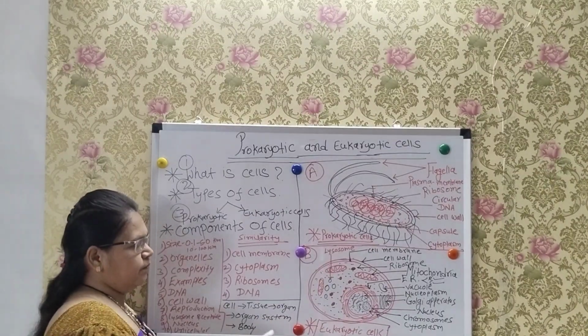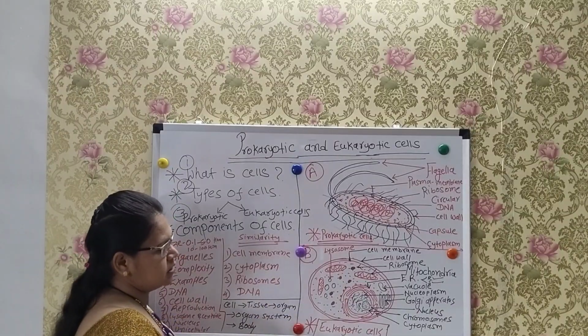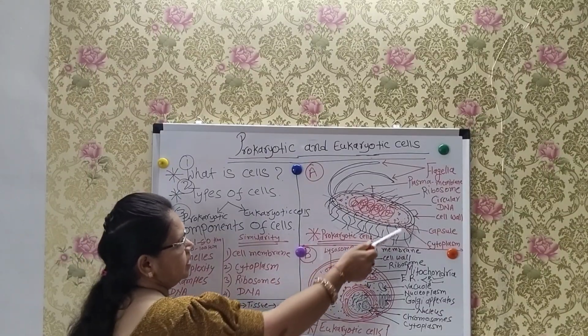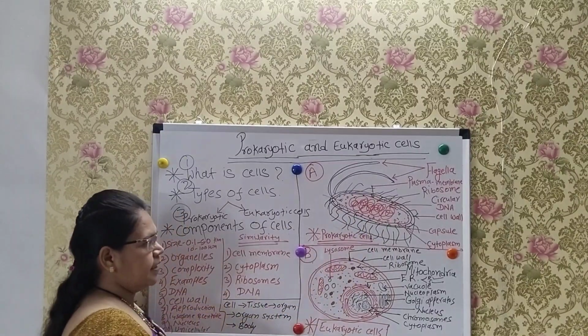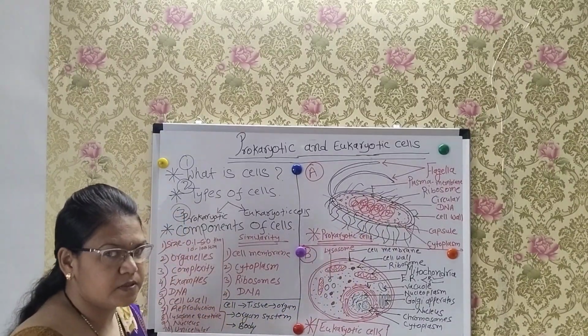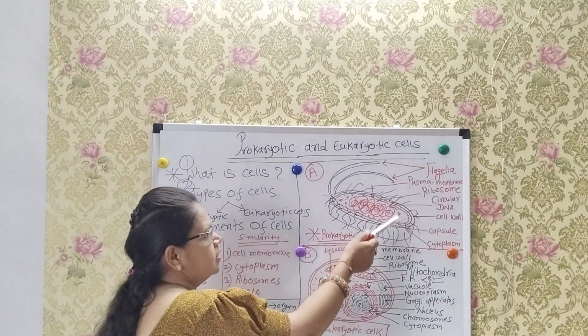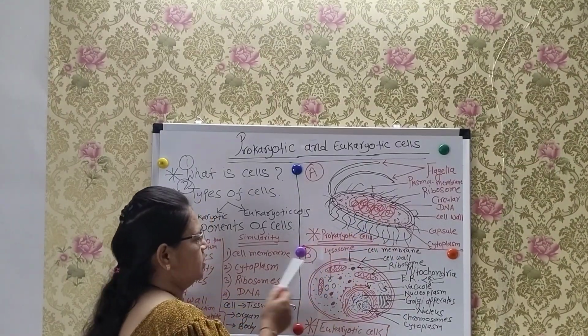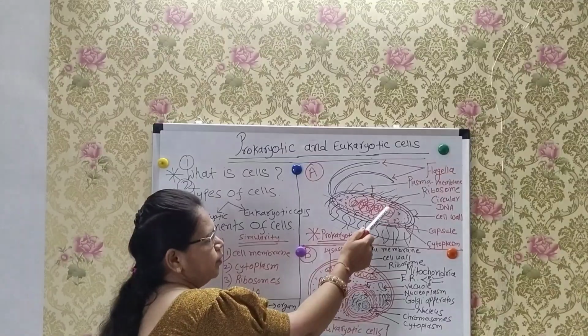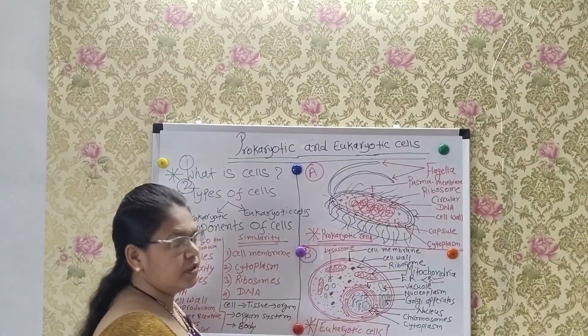Similarity: in both prokaryotic cells and eukaryotic cells, the cell membrane is found surrounding the cells. Cytoplasm, a jelly-like substance found in every cell, we call cytoplasm. Cytoplasm is found in both prokaryotic cells and eukaryotic cells.